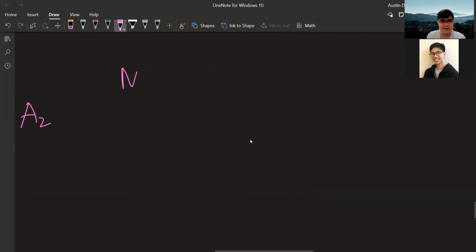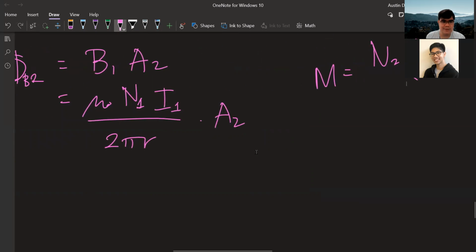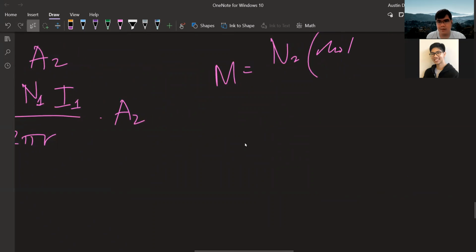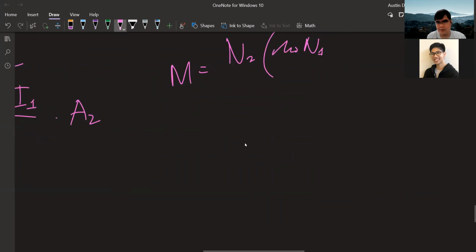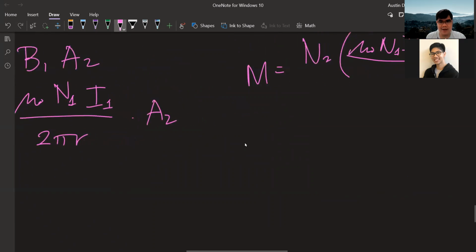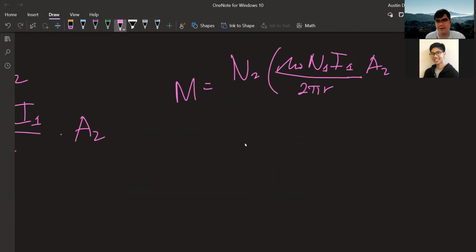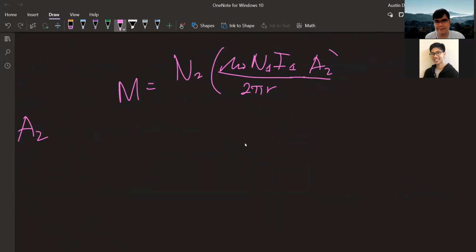Let's write it down here. M is equal to N2 times yung nakuha nating sagot, which is mu naught N1 I1 cross-sectional area ng 2. Well, equal lang naman dalawang cross-sectional area nila, diba? As detailed out in the given. Kasi closely wound daw sila.